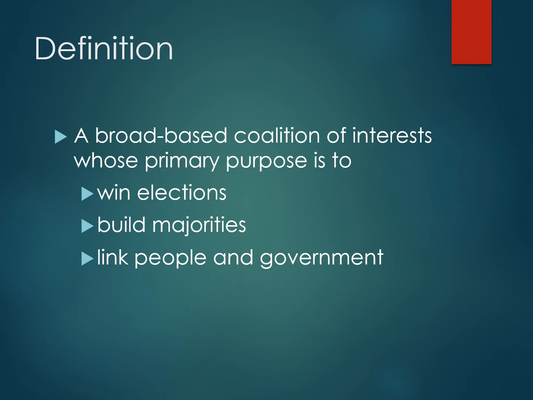We're going to be talking about the political institutions as they apply to Texas, but at the American level there are institutions also. And so the parties will try to link people and government and explain what government does and how it affects their constituents, the people that belong to that particular party.